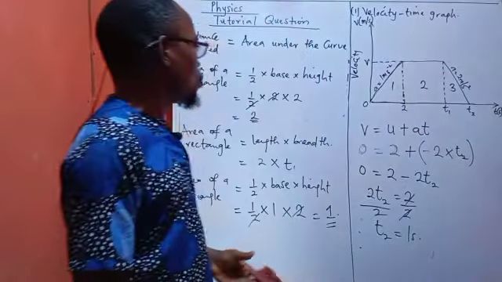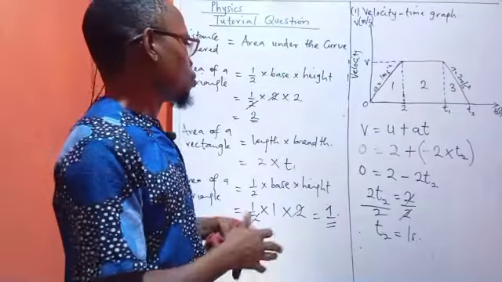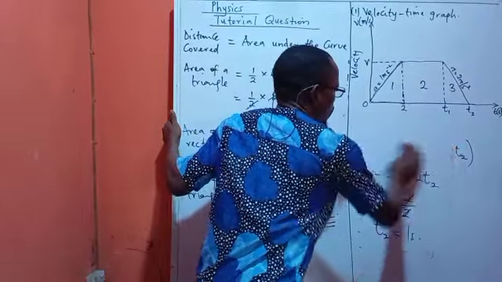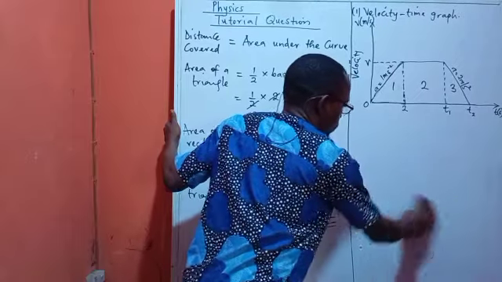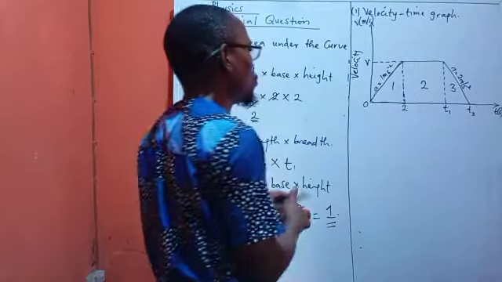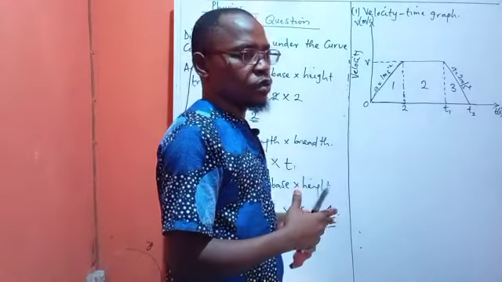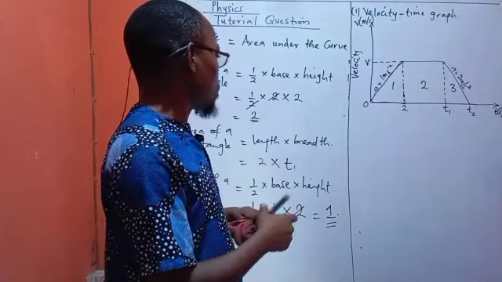So all we now do is, we are given the total distance covered in the question. The total time is what we want to get, but we have to go through the route of getting the total distance.